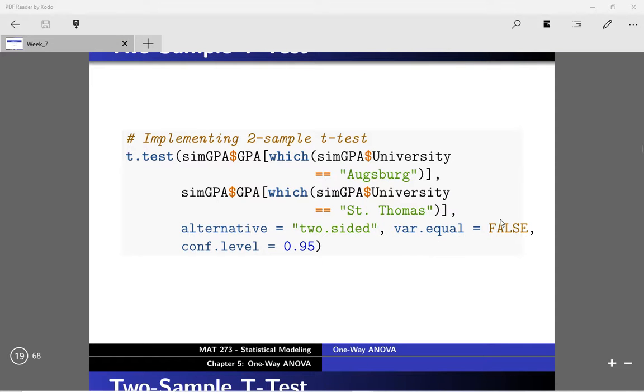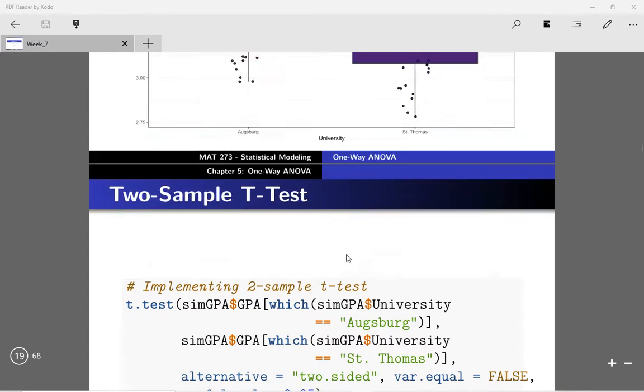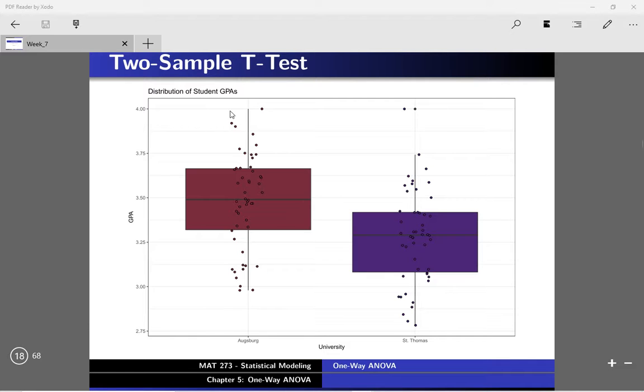This var.equal is just an option for if we want to assume that the GPAs for Augsburg and St. Thomas students have equal variances. So is the distribution, the variability in the points the same between the two groups? So yeah, the spread seems pretty similar, not that different.